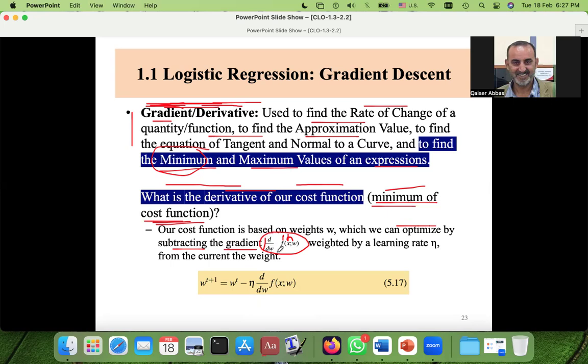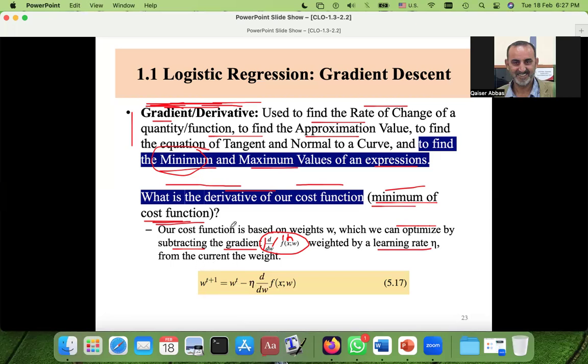So first we will calculate the derivative for those weights, and then we will multiply them with the learning rate eta. And then we will subtract that thing from the current weight.